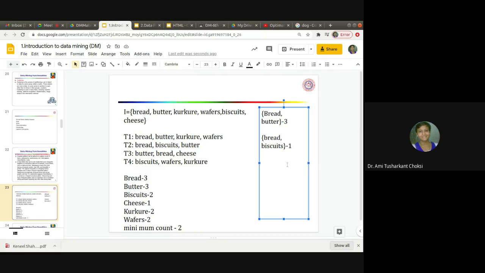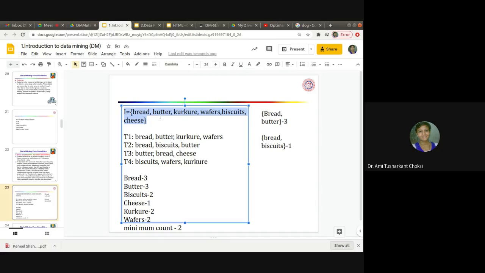So I hope it is clear to you that the items, that is single items, or pairs, maybe say two items, then after that we may consider three items, four items, five items, maximum whatever are there in the item set, right? That is the universe of items.